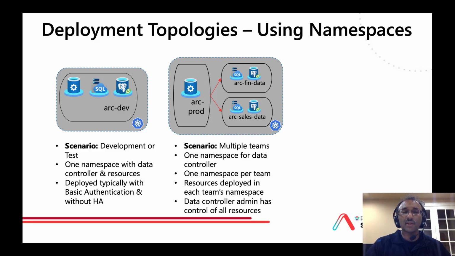And from that namespace, you can now manage different namespaces from a data controller point of view. So you can still give each of your teams, in this case like a finance team and a sales team, their own namespaces. Their SQL instances are isolated. Like the SQL instance here cannot look at the data here by default, and so on, right?